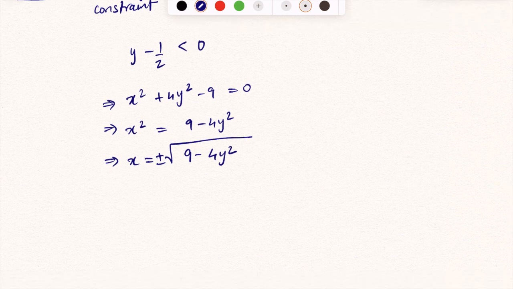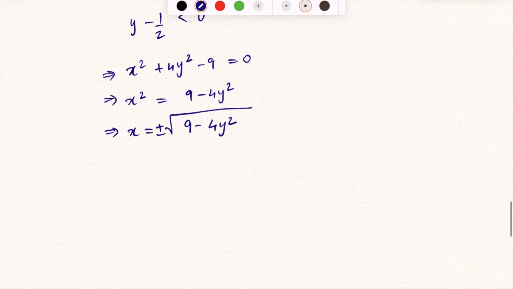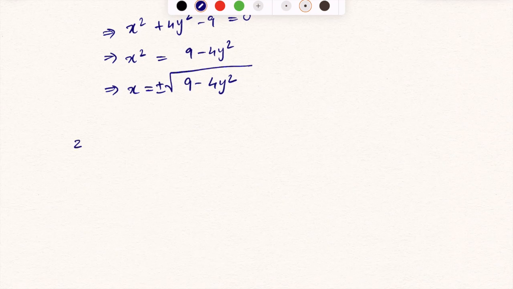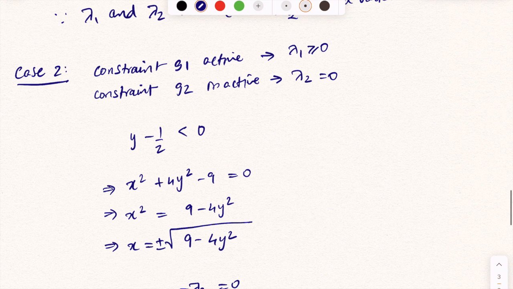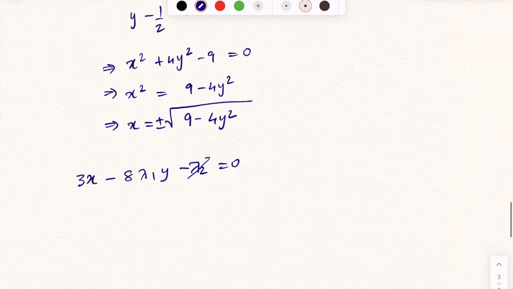Awesome. I'm gonna use the partial derivative of lambda with respect to y to get 3x minus 8 lambda 1 y minus lambda 2 is equal to 0. We know that lambda 2 is 0 because we just said that constraint 2 is inactive, so that's equal to 0.